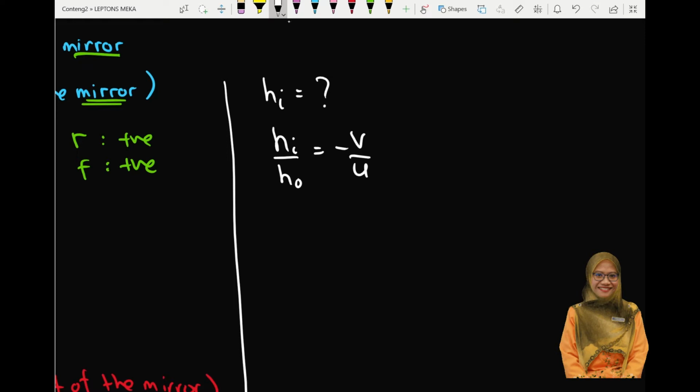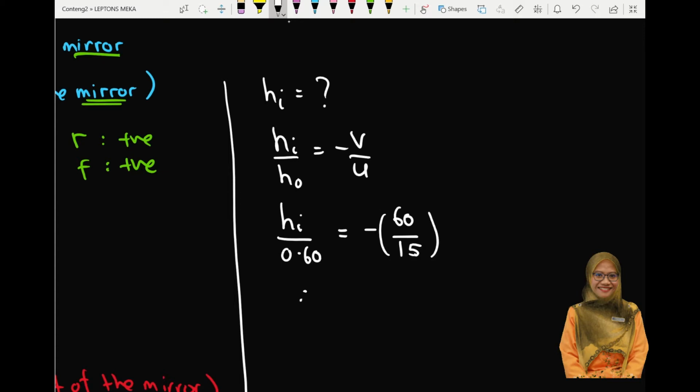Then just substitute the values: h_i over the height of object 0.60 centimeter equals negative, and the v we got just now, a positive 60, over the object distance 15 centimeter.